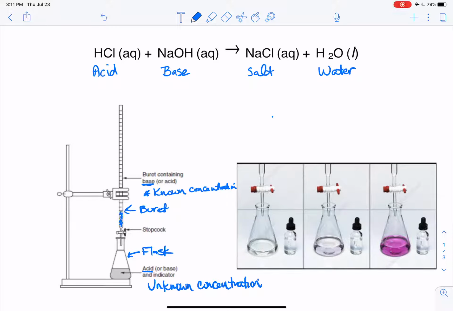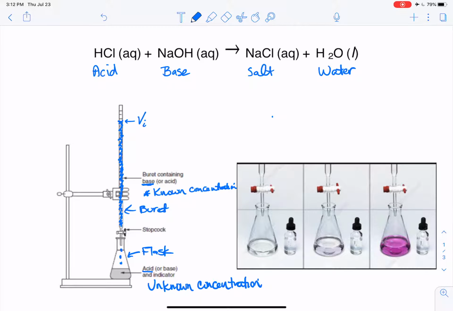So we're going to fill our burette up with base. And we're going to read the initial volume. So that would be V sub I. And then we would open up the stopcock so that the base is dripping down into the acid.